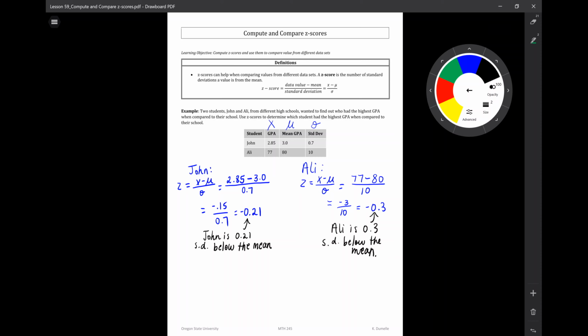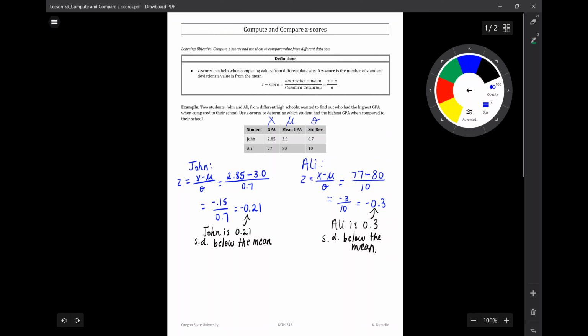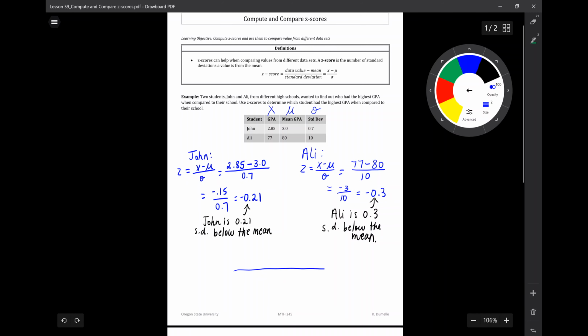So John and Allie wanted to compare their GPAs to each other based on their school's average GPA. If I were to get a number line here, here's my mean. I see that John is 0.21 standard deviations below the mean, so maybe this is John. And Allie is 0.3 standard deviations below the mean, so she's slightly further. Since John is less far away from the mean, we see that his GPA is better.